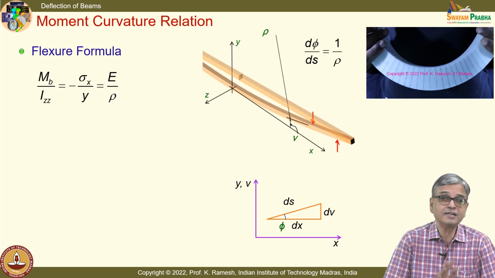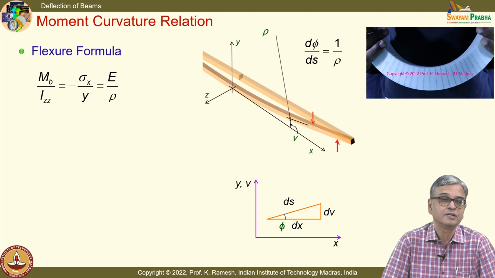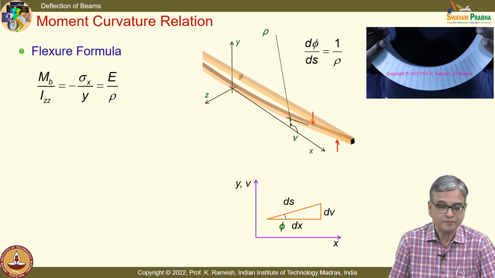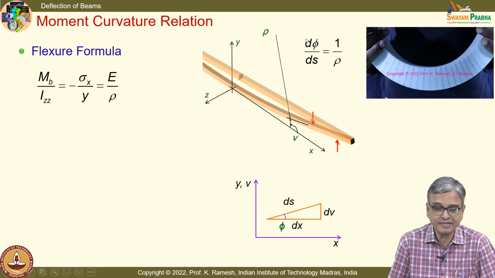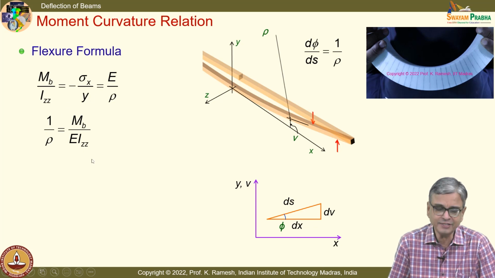So, our interest is how to relate the bending moment transmitted by the beam to the deflection. We have already seen d phi by ds can be approximated to d squared v by dx squared, and we know 1 by rho equal to M_b by E I_zz from this expression, which is also equal to d phi by ds.